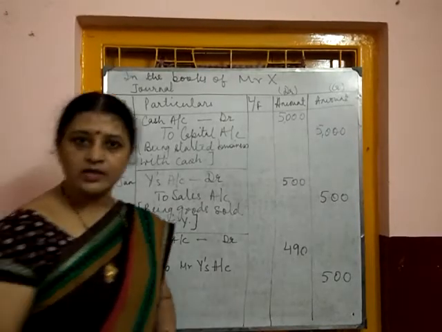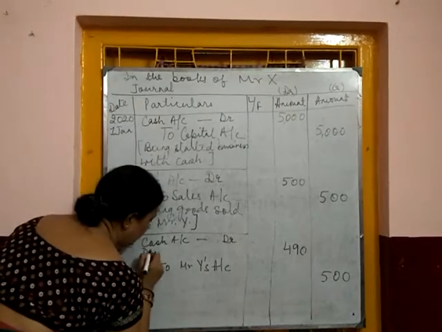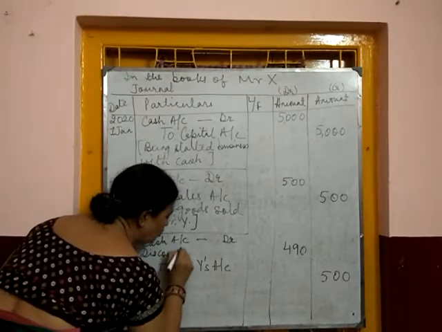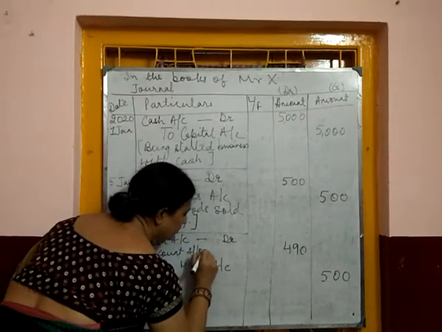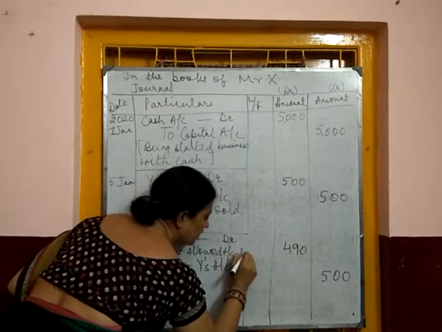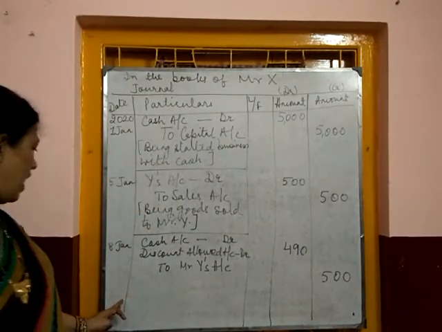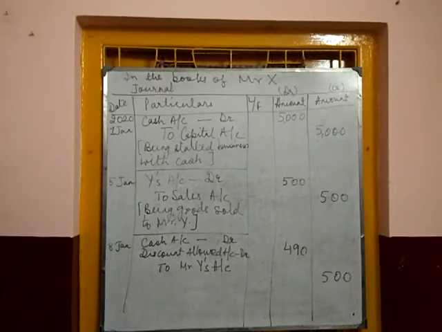Am I clear? So discount allowed account has to be debited. So we will write discount allowed account debit. Am I clear? I hope so. And here what will be the narration?